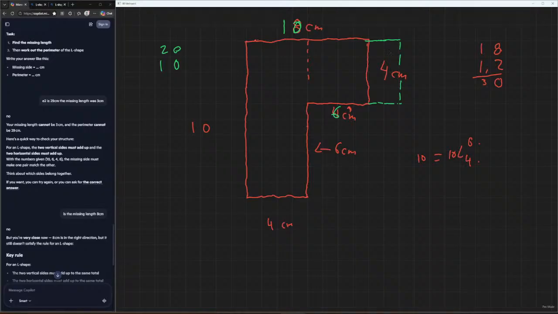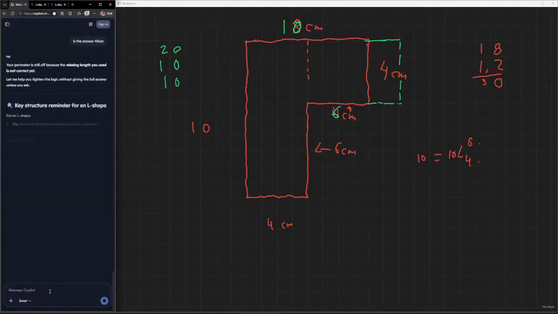Then. So we have 10, 20, and another 10, so it's a total of 40 then. Could be this one.